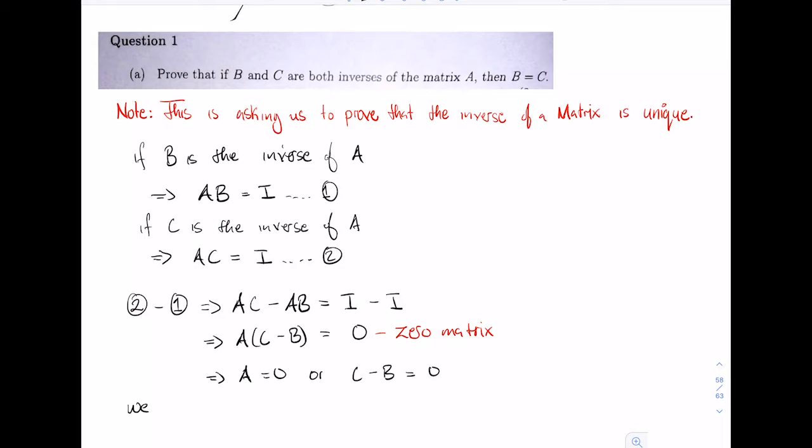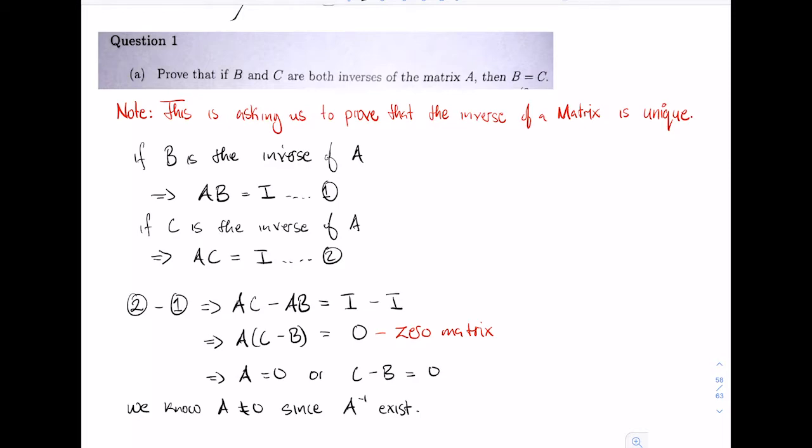Now we know A is not equal to the 0 matrix since A inverse exists. If A was the 0 matrix, then the inverse would not exist. But here we're speaking about the set of matrices which has inverses.